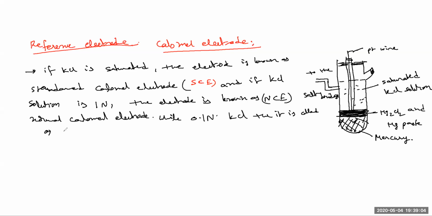You know what is deci? DNCE, deci normal. So 0.1 means 1 by 10 only, no? That is the deci normal calomel electrode.